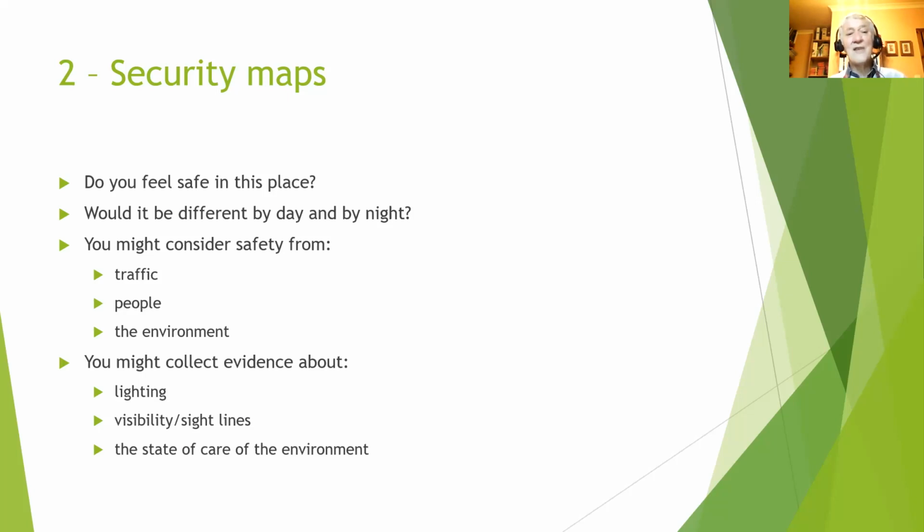Does the state of care of the environment affect safety? Can you see evidence of closed circuit television cameras, which again are going to affect safety? So you could go around an area and map safety and security, and safety and security at different times for different types of people on different occasions.